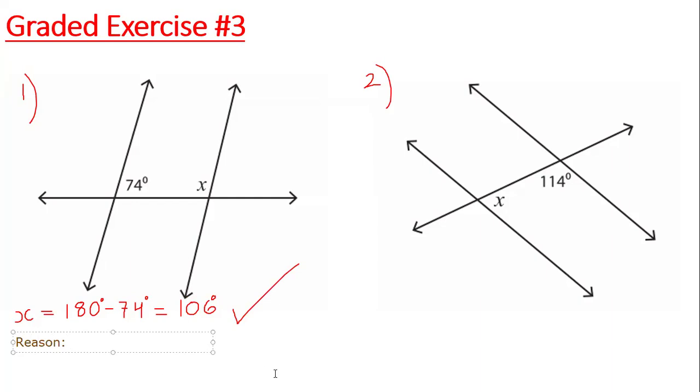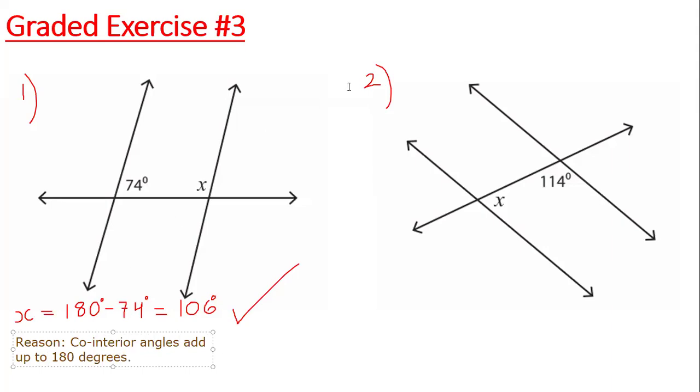The reason is because the rule states that the co-interior angles are supplementary and they add up to 180. Very good. Co-interior angles add up to 180 degrees. That's the reason.